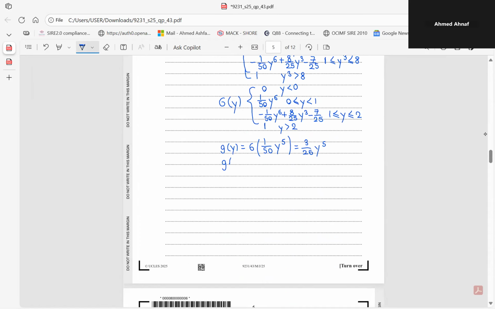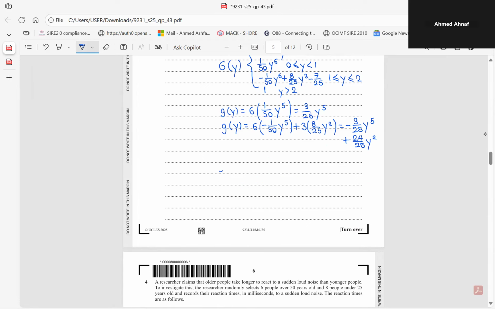For the next piece, bring down the power 6 times 1 over 50, and the power 3 times 8 over 25 y squared, and then this constant term will just go away. So simplified, it is minus 3 over 25 y to the power 5 plus 24 over 25 y squared.